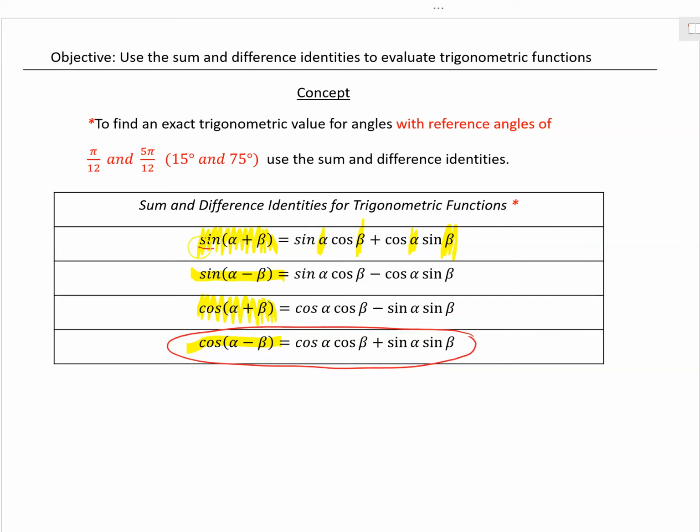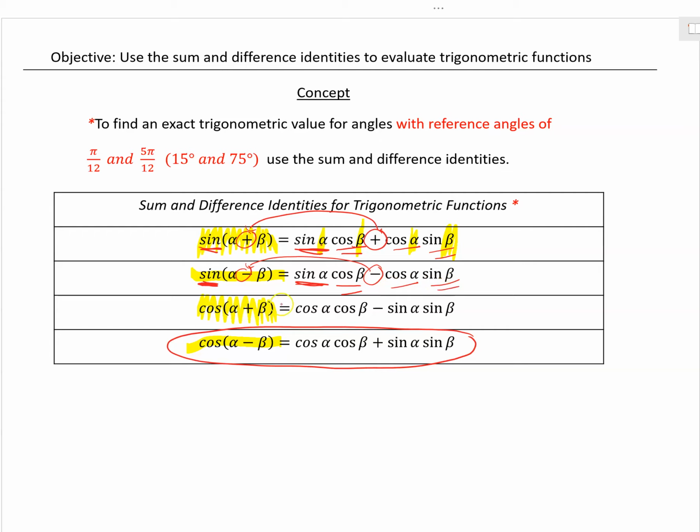Notice that sine identities both start with sine alpha, and then it switches to cosine of the second angle, beta. And then the operation here matches the operation in the sine. Subtraction matches subtraction. And then from sine alpha on this side, it goes to cosine alpha. And from cosine beta, it goes to sine beta. And same thing here, cosine alpha, sine beta.